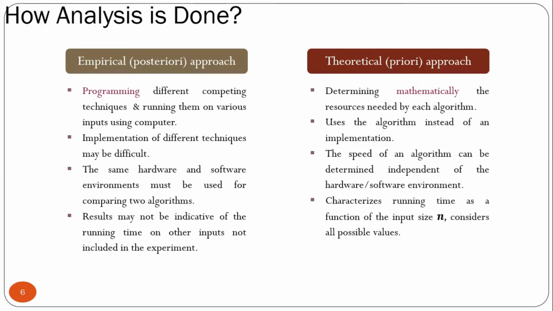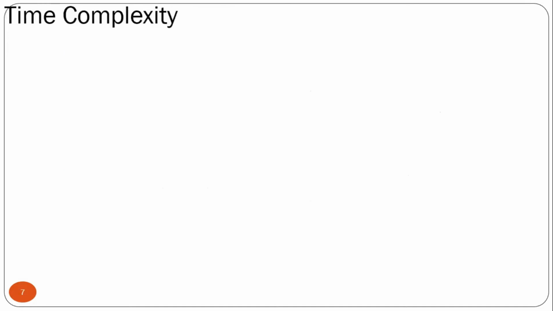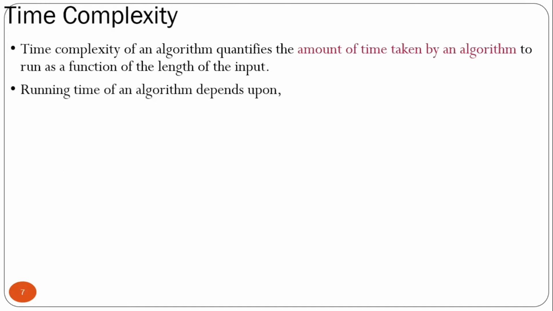So that means you need to have the same hardware and software environment to compare the algorithms designed for a single problem. The result may not be indicative of the running time on inputs not included in the experiment. Actually, the results you are getting could vary for 100 inputs, thousands, or 10,000 inputs, so they are included in the experiment.